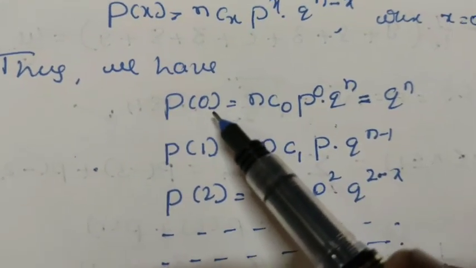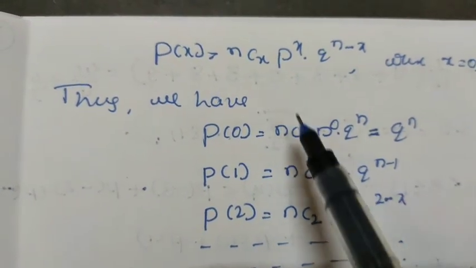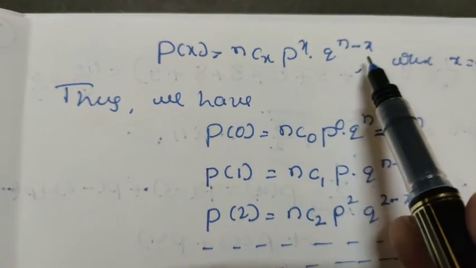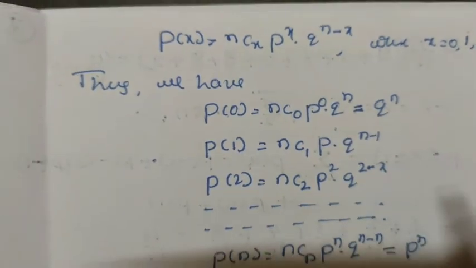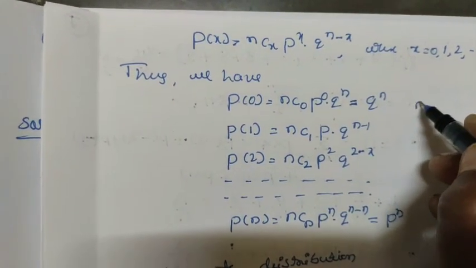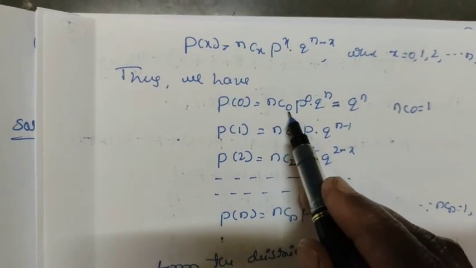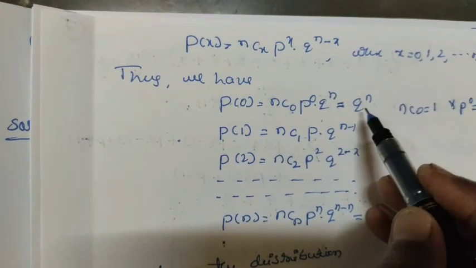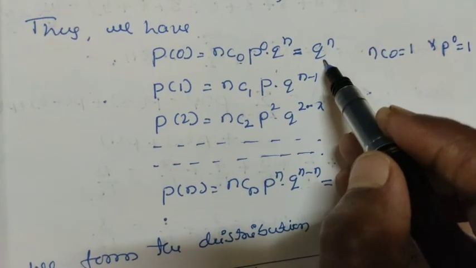When you put x equals 0, P of 0 equals nC0 p raised to 0 into q raised to n minus 0, that is q raised to n. And we know nC0 is equal to 1, and p raised to 0 is also equal to 1. Only q raised to n remains when you put x equals 0.